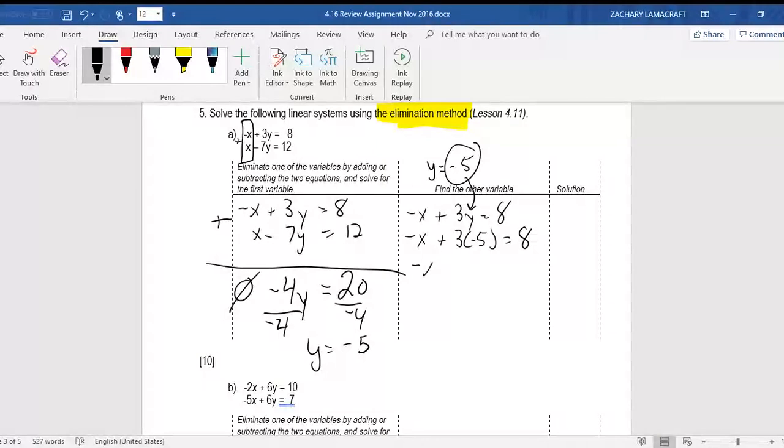And we would have -x plus -15 equals 8. -x would be equal to 8, and then we're going to move that over. Since it's negative on that side, it's positive over here. -x is equal to +23.